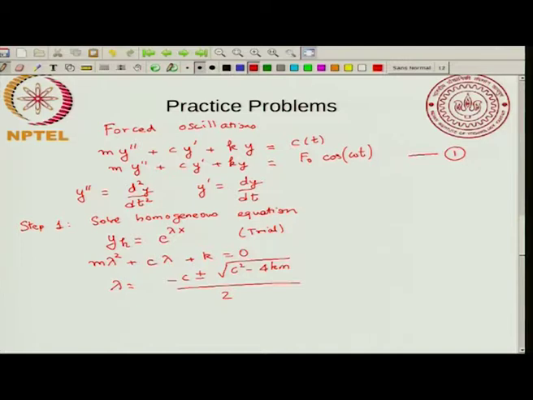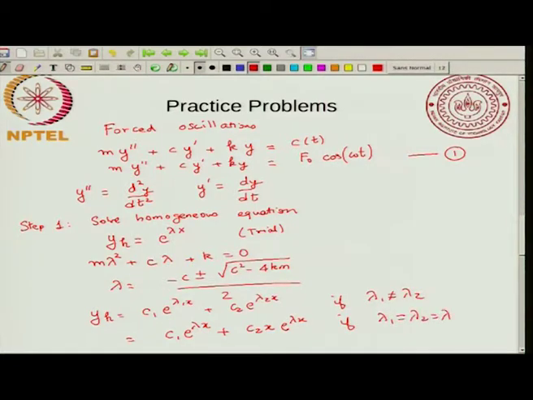So the general solution I can write as yh equal to c1 e to the lambda 1 x plus c2 e to the lambda 2 x if lambda 1 is not equal to lambda 2, and equal to c1 e to the lambda x plus c2 x e to the lambda x if lambda 1 equal to lambda 2 equal to lambda. That is what the general solution looks like.